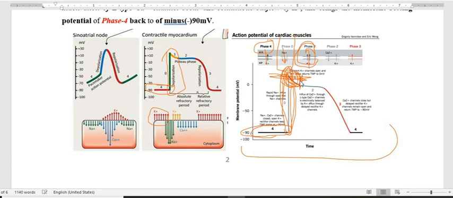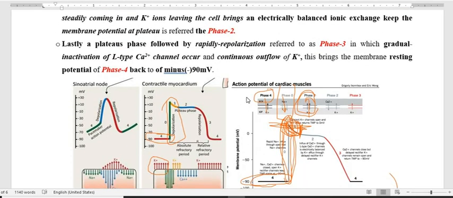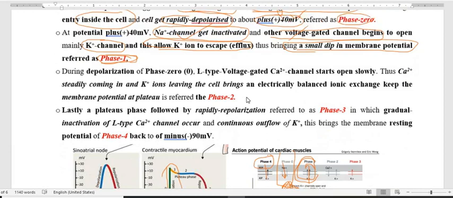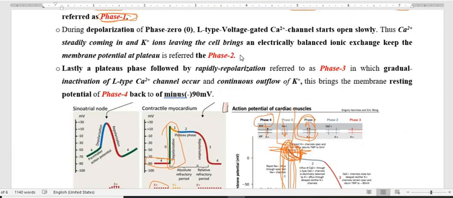And simultaneously here again phase 2 comes, and this phase 2 is because of the opening of another voltage gated calcium channel, that is the L type calcium channel.